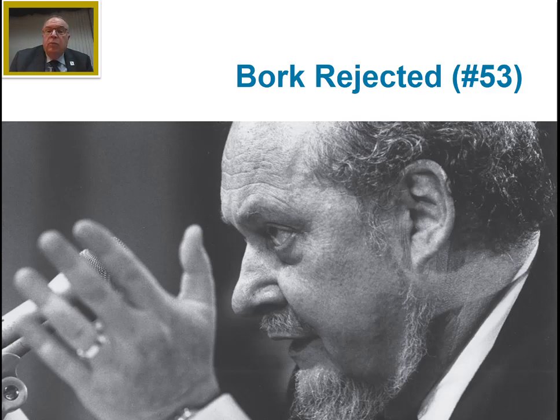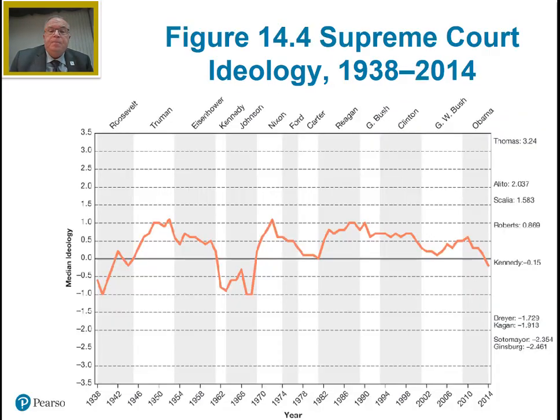He did an immediate report about what Bork would do if he was on the court. Ted Kennedy took the Senate floor and gave long and eloquent speeches about it, and ultimately the Senate refused, 58-42. He was seen as too conservative and not appointed. So not even when you have the vote, sometimes it does not go your way.